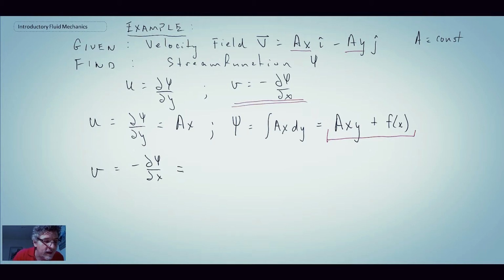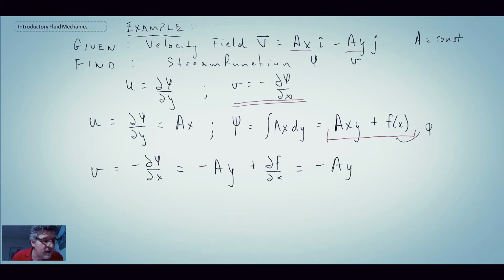And so we need to take the derivative of our stream function here with respect to x. We get that, and then that is going to be equal to the v component of velocity that we have up here, which we said was minus ay.